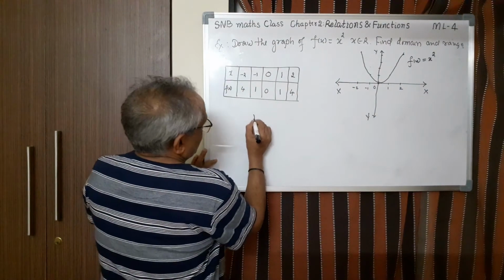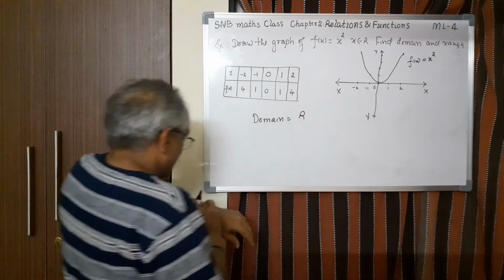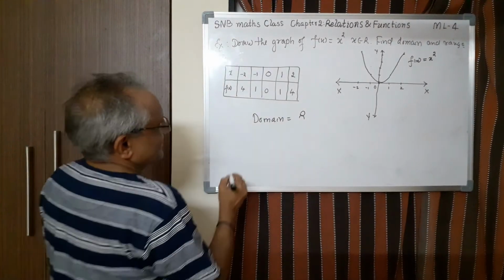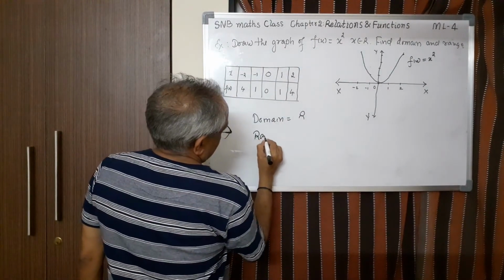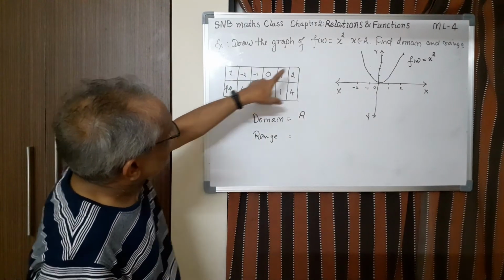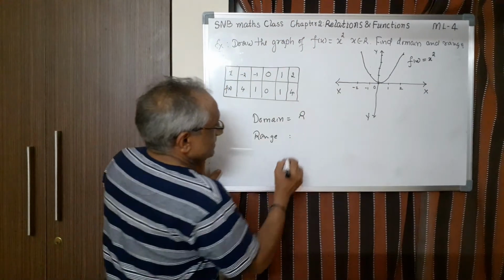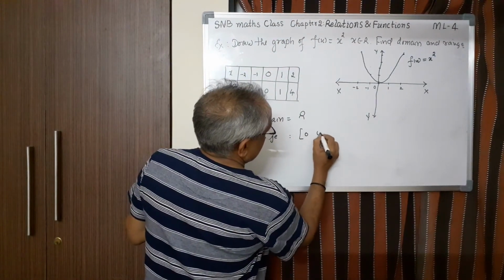What is the domain? Domain is R, no doubt. What is the range actually here? See, this is an interesting thing. Even from the table you can see, it cannot take a negative value, because negative square is positive only. So range is from 0 to infinity.